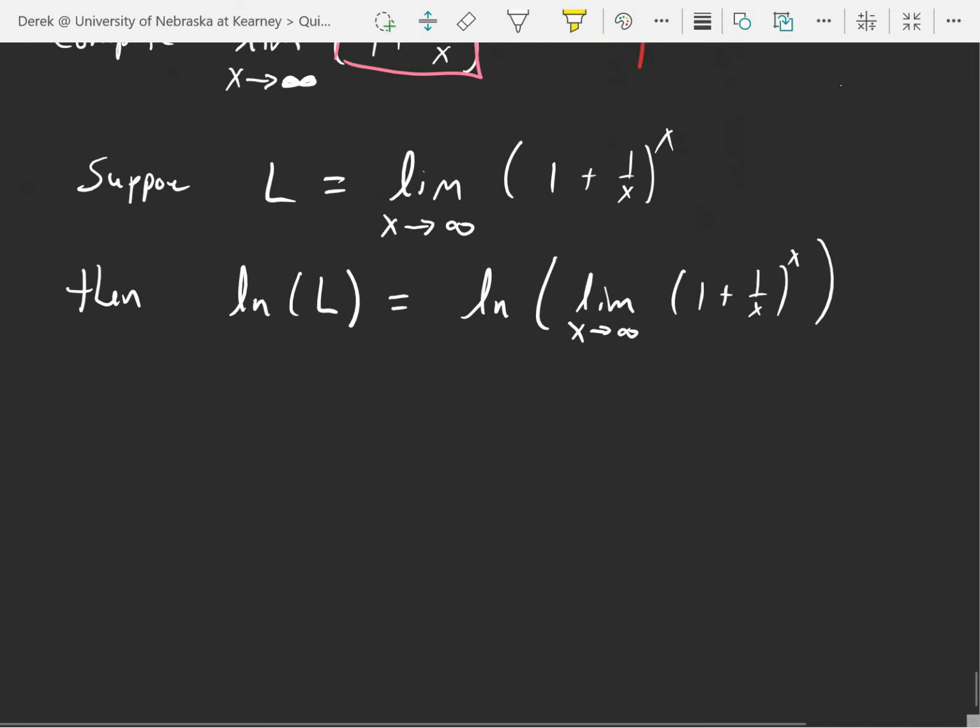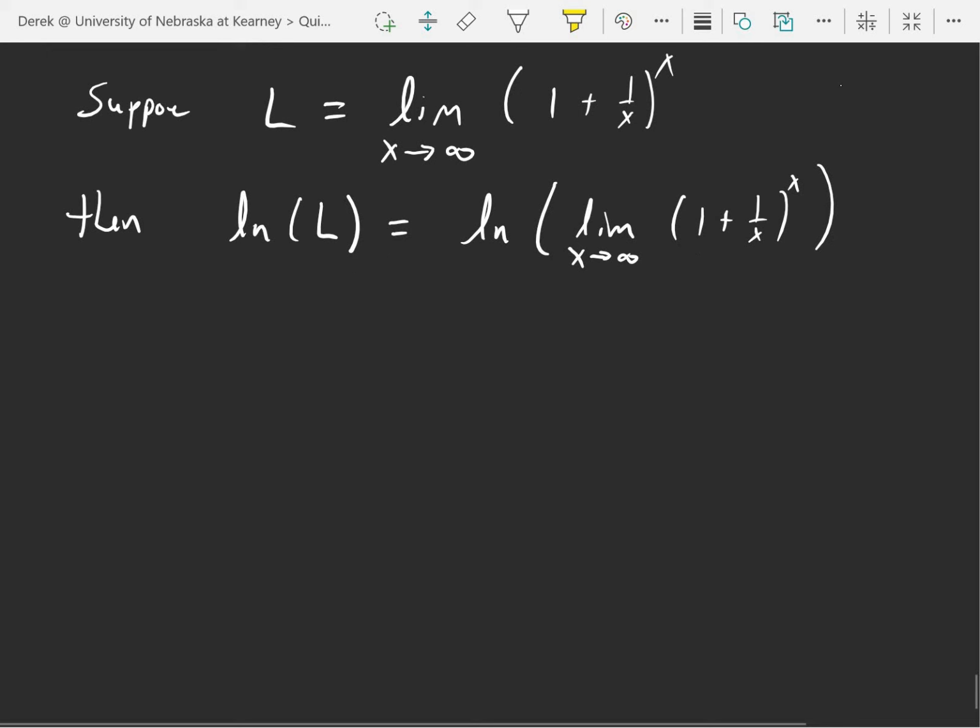And because the natural log is a continuous function, limits and natural logs play nicely. So this is the limit as x goes to infinity of the natural log of (1 plus 1 over x) to the x.